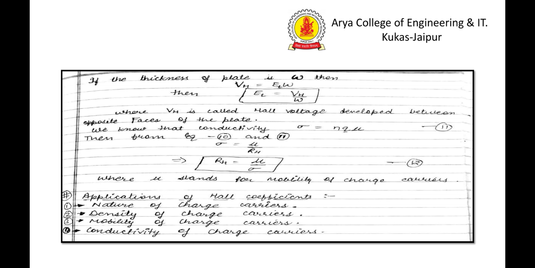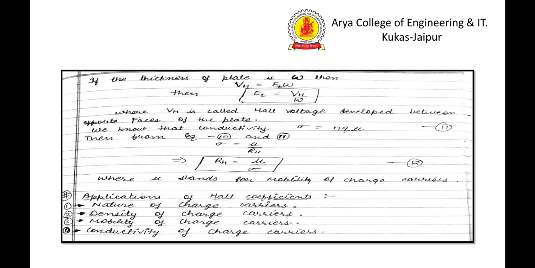Next application is mobility of charge carriers. We can calculate mobility by equation 12, that is R_H is equal to mu upon sigma. So we can calculate mobility from Hall coefficient, and we can also calculate the conductivity of charge carriers with the Hall coefficient.